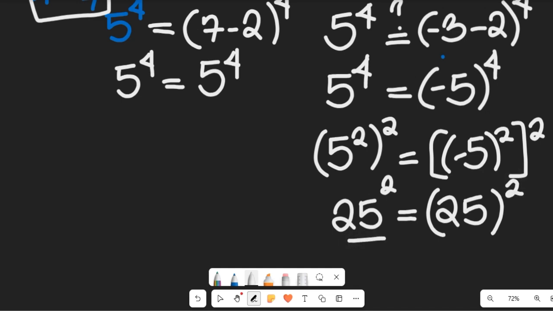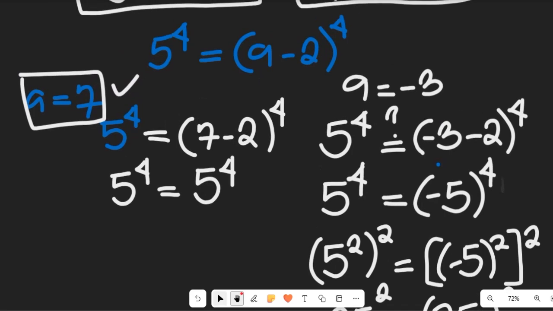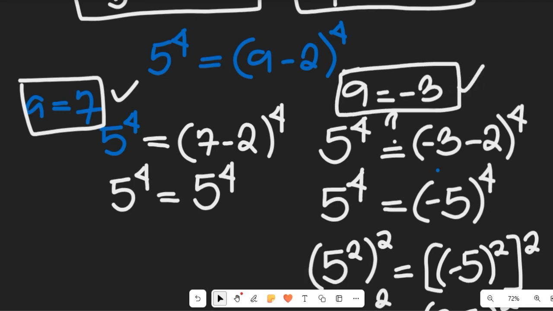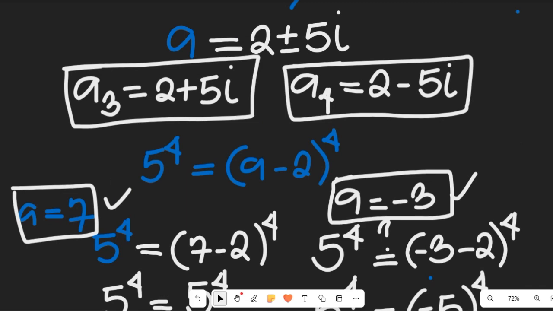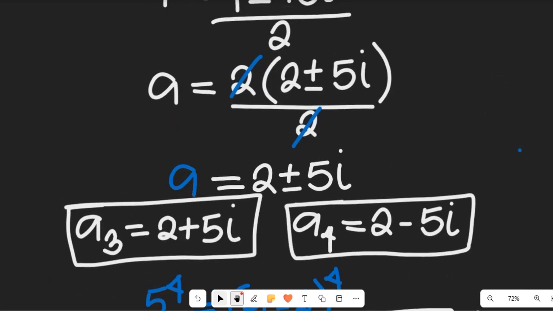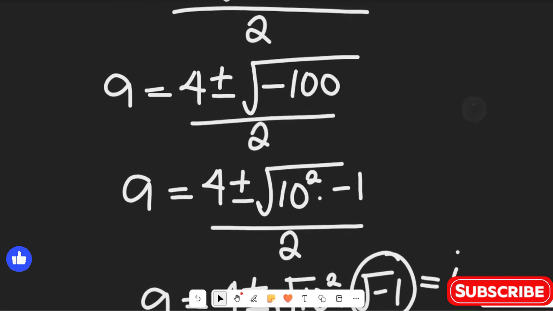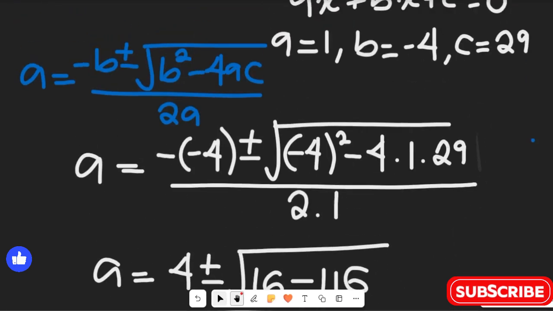So this is simply equal to this, which tells us that the value of a equal to -3 is a solution that is also what? Correct. So two real solutions, two imaginary solutions, which are absolutely right for this expression given to us up there.